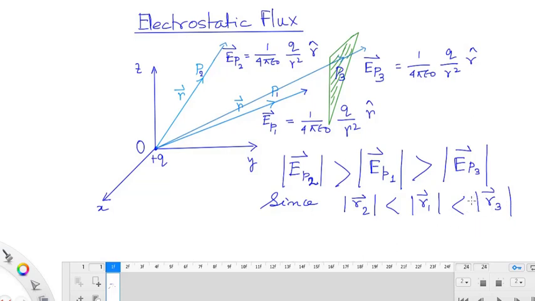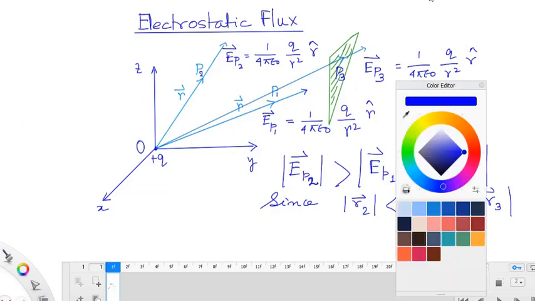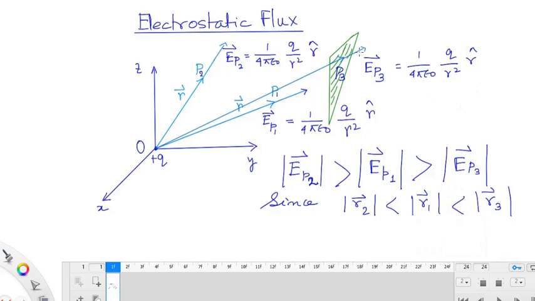Now we are talking of electric flux. Check this green area. What we have to do is find the amount of electric field passing through this area. So take a very small elemental area on this, let's take it in blue, this small elemental area here.